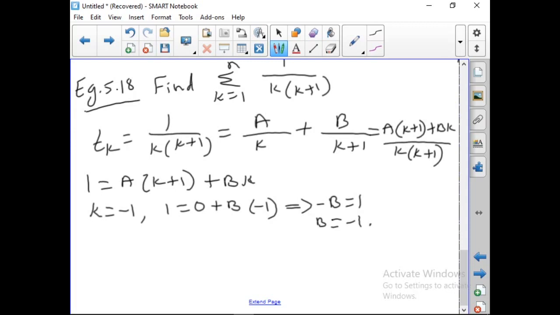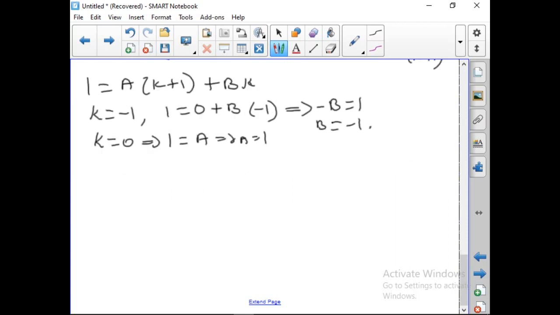Then k equal to 0. k equal to 0 போட்டாச்சுனா 1 is equal to a வந்துருமா? So a is equal to 1. So therefore what you will get? 1 by k into k plus 1 will become 1 by k minus 1 by k plus 1. Therefore what about the terms?